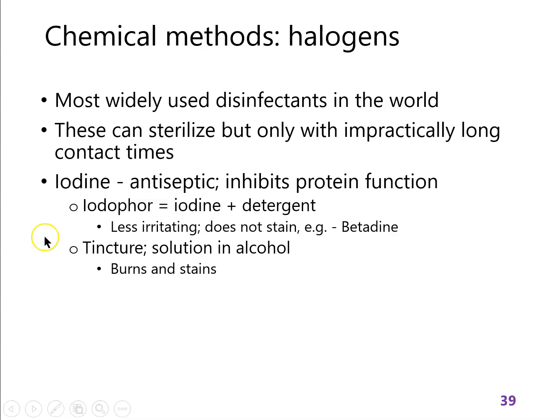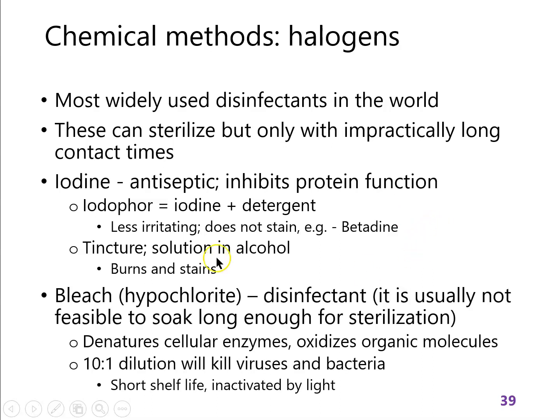Often this is used for things like disinfecting skin. Bleach is a very common disinfectant, and it's damaging to skin. You wouldn't use bleach on skin, but you would use it on a floor or a countertop. And bleach is not expensive, and it is kind of the gold standard that microbiologists use to disinfect surfaces when we need to.